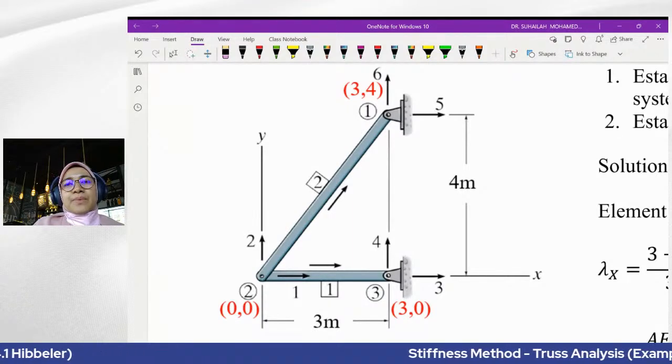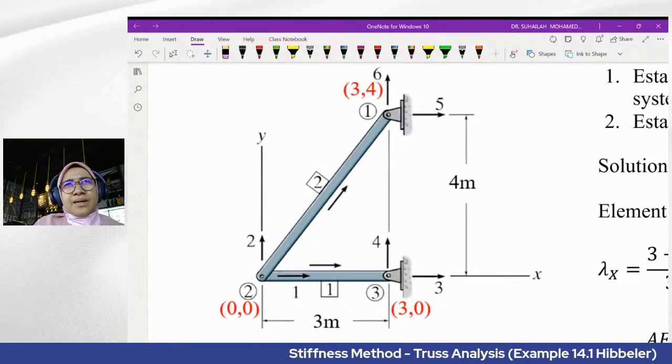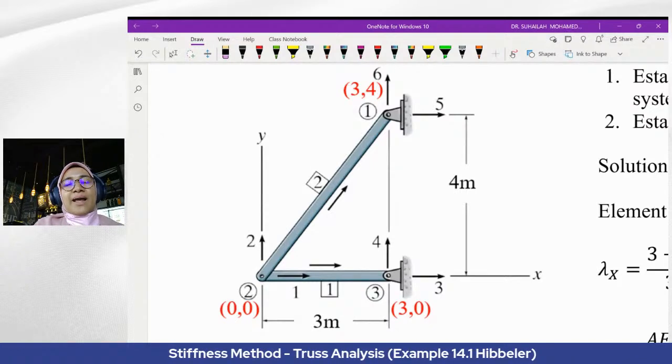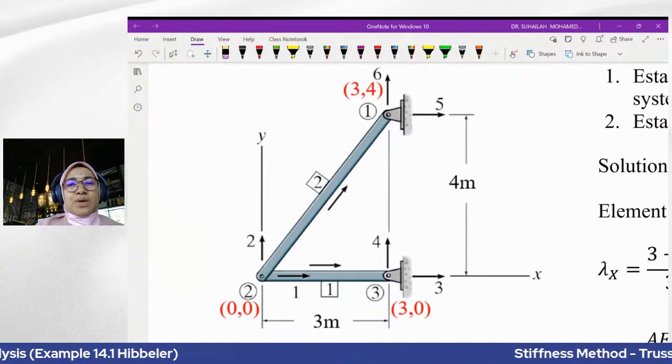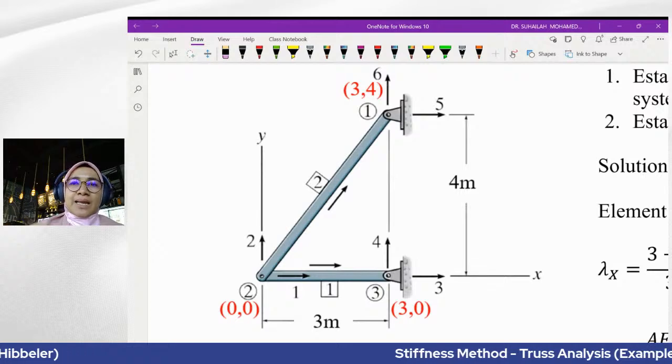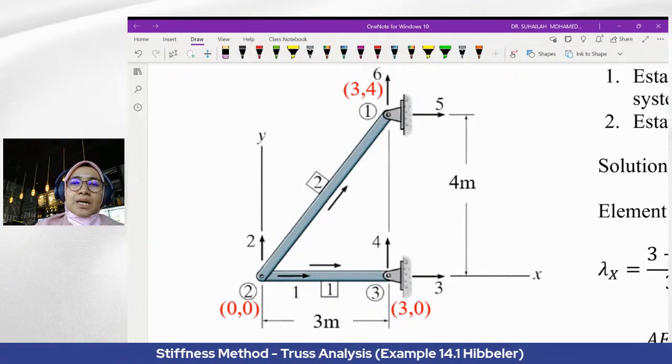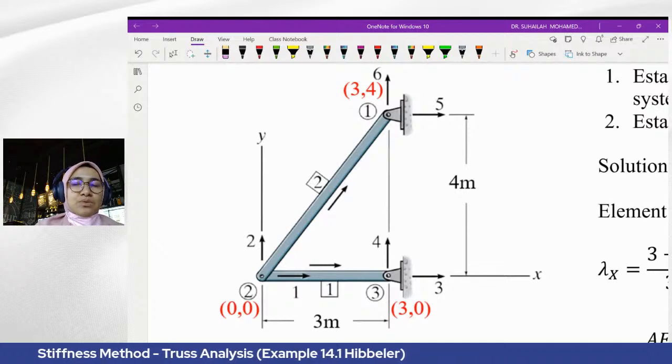Listed or highlighted in the diagram: number 1 is node number, number 2 is element number, number 3 we have to make sure that the elements have an arrow which is parallel to the member.